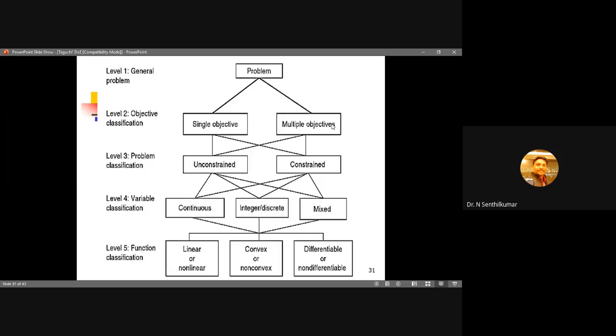Then continuous variable classification: continuous is 100 to 300, and within that it can vary anywhere, it may be 100.1, 100.9 or 110. But in discrete cases, it is machine A, machine B, or machine C. That is called discrete.